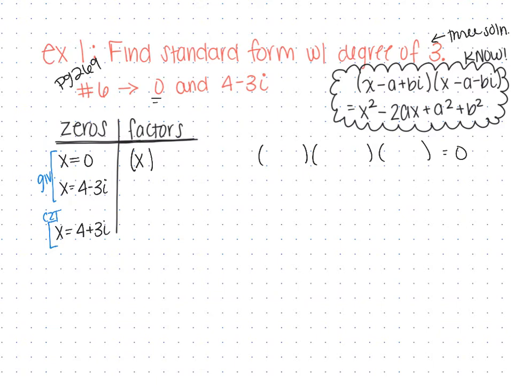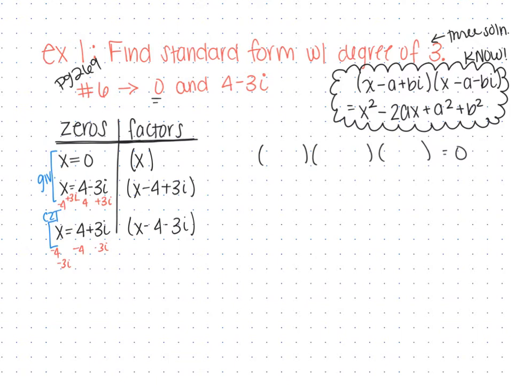Now with the 4 minus 3i, if I minus 4 from both sides and add 3i, then I'm going to get x minus 4 plus 3i as my other factor. Same thing with the last one, minus 4, minus 4, minus 3i, minus 3i. So it's kind of like I'm moving everything over to the left. So those are my 3 factors.